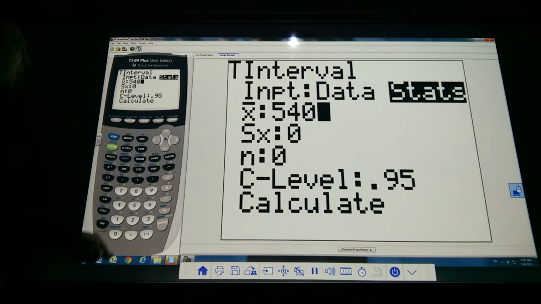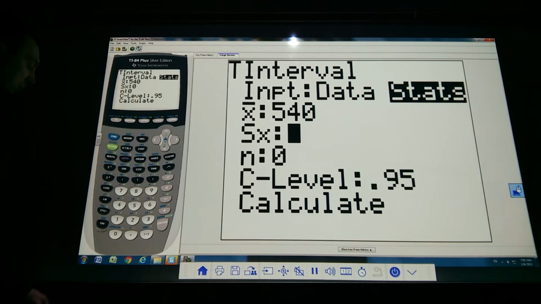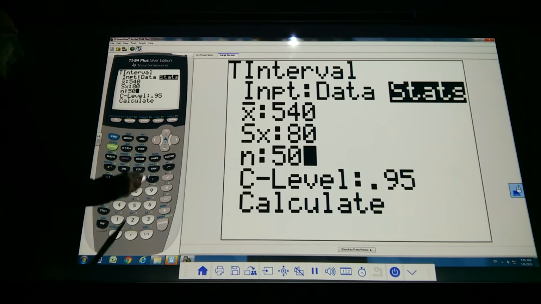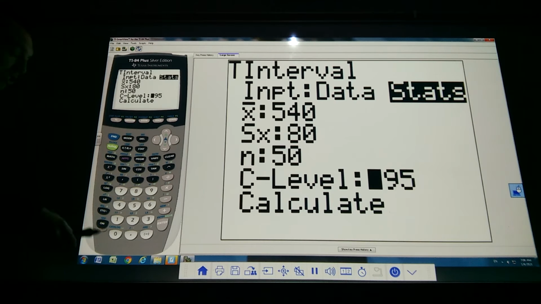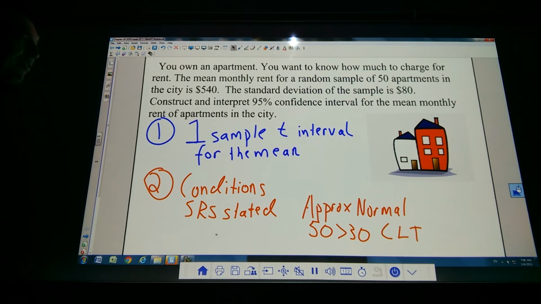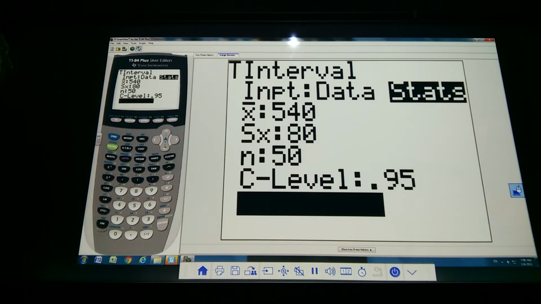And then Sx is the sample standard deviation, which I believe if you go back is 80. n is the sample size. How many apartments did we look at? I believe that was 50. And then the confidence level, which I'll go more in depth with, of why it changes. Well, we just look back at the problem, and I think the problem said 95%, which is a very traditional one, 95%. So this is what you should have.